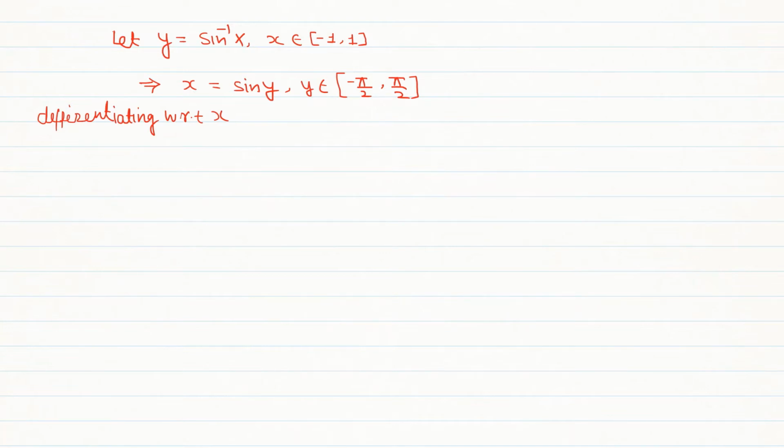If we differentiate it with respect to x, then it gives us 1 is equal to cos y dy by dx. So from here I can write dy by dx is equal to 1 upon cos y, and we know that cos y can be written as under root of 1 minus sine square y.